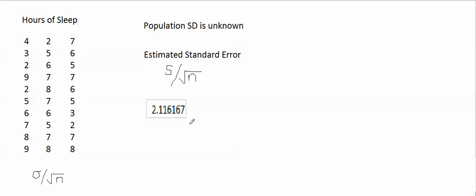So I need to divide my sample standard deviation, which I calculated with these 30 answers, by the square root of my sample size. My sample size is 30, so I'm going to divide it by the square root of 30. I'll bring up my calculator right now.